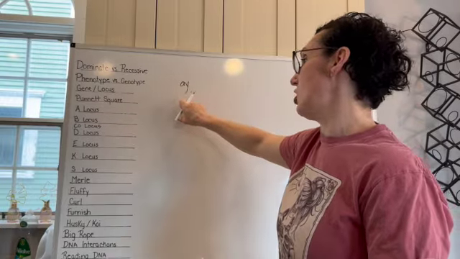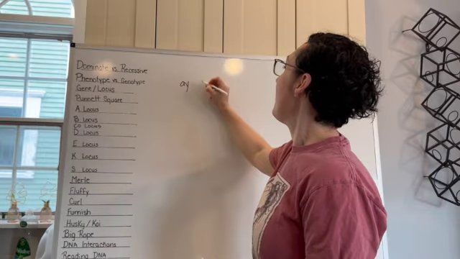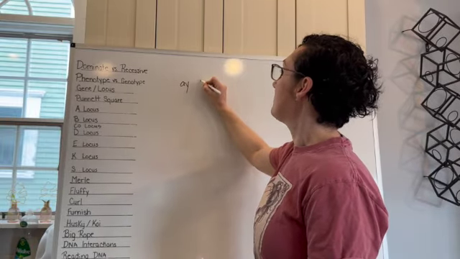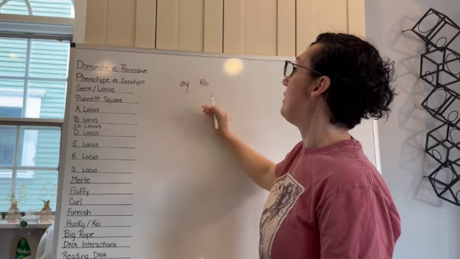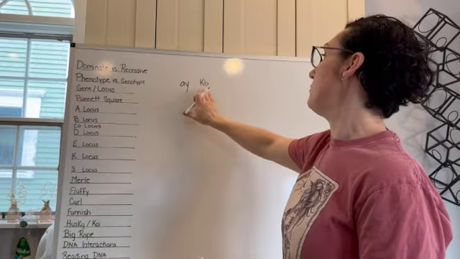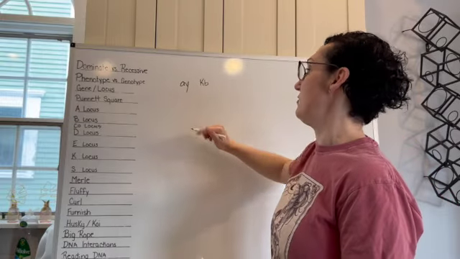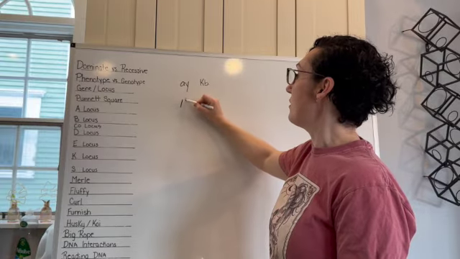And those things are K. So if we have a dog that is AY, but also KB, you now have a brindle dog.